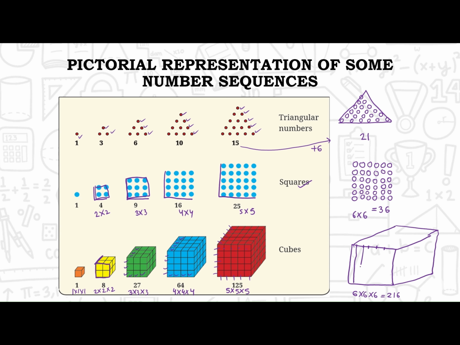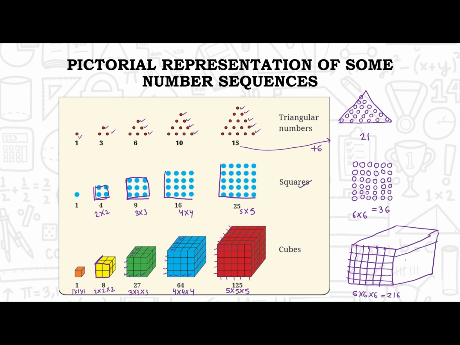So let's draw that. 1, 2, 3, 4, and 5. Here also you will draw 5. 1, 2, 3, 4, 5. Simply you will do now. Here also you will draw 5 lines.